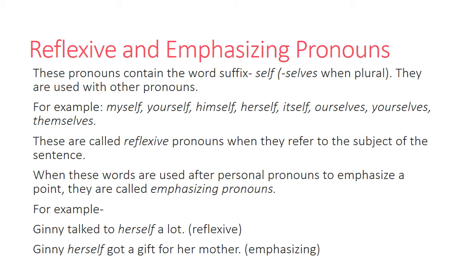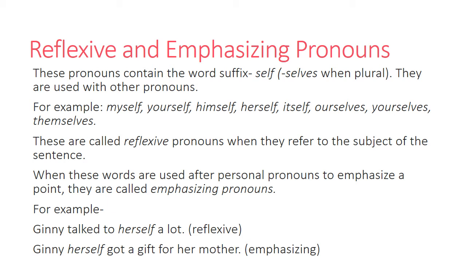Reflexive and emphasizing pronouns. These pronouns contain the suffix self, or selves when plural. They are used with other pronouns. For example, myself, yourself, himself, herself, itself, ourselves, yourselves, themselves.